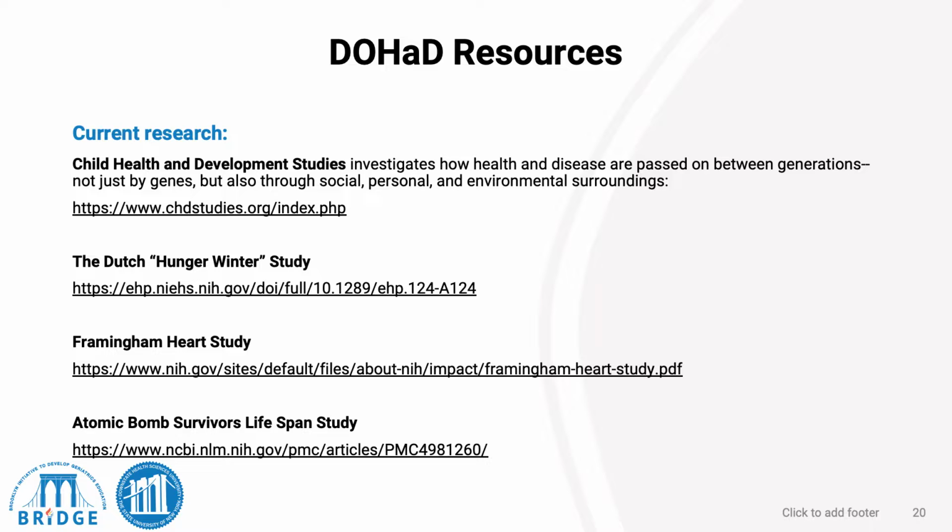The Framingham Heart Study is another excellent resource to think about for older adult outcomes, and they've started thinking about exposures. And then also the Atomic Bomb Survivors Lifespan Study, which, as I mentioned, radiation is a consideration, and how that may have happened early in life, and then what happens as you get older.